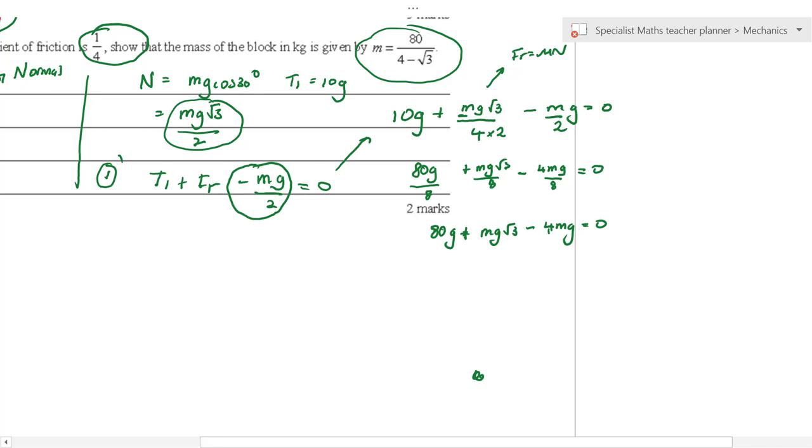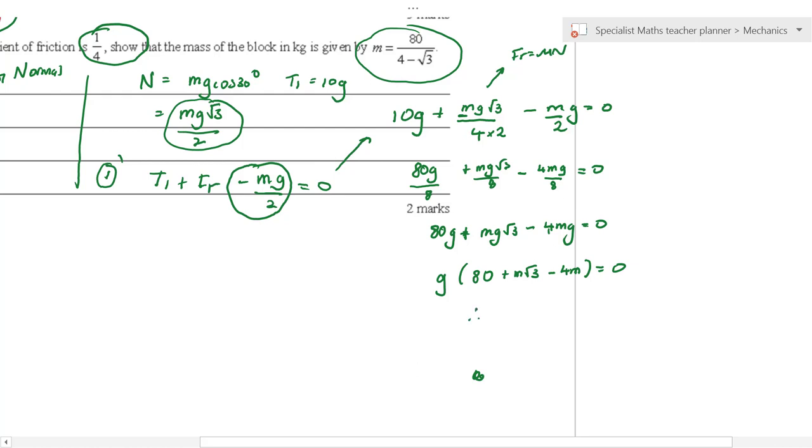Okay, multiplying through by 8. And now I can take out g as a common factor, which gives me 80 plus m root 3 minus 4m. That's looking a lot better because we divide through.